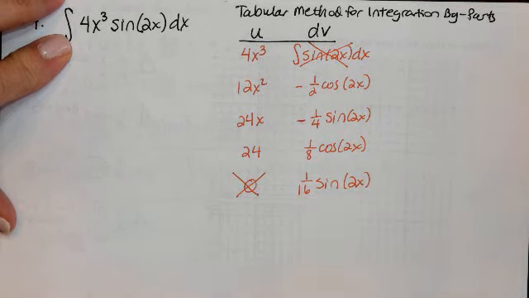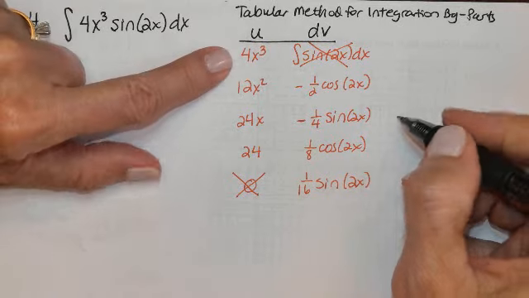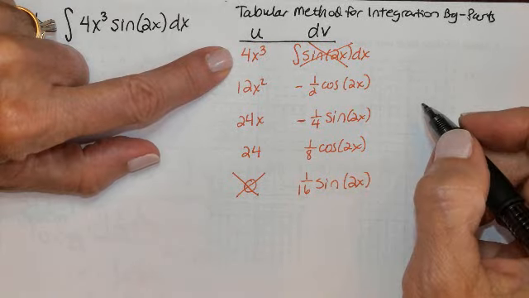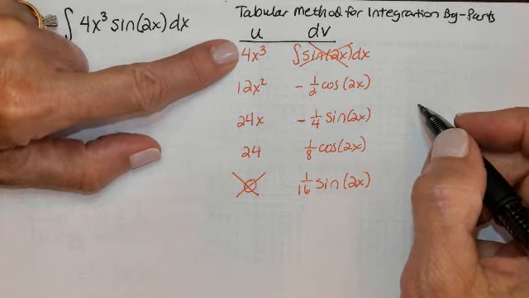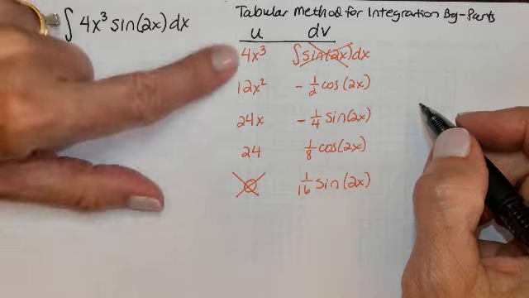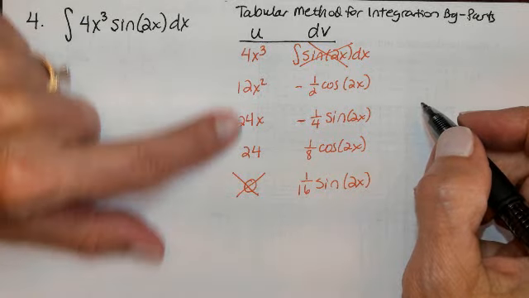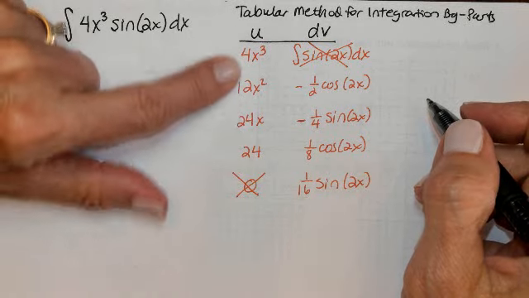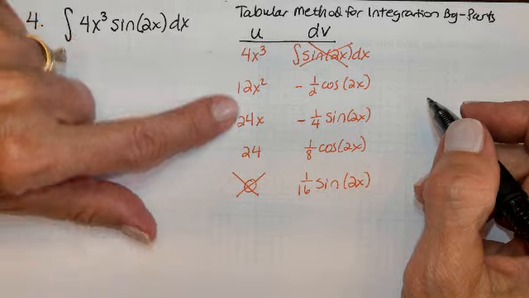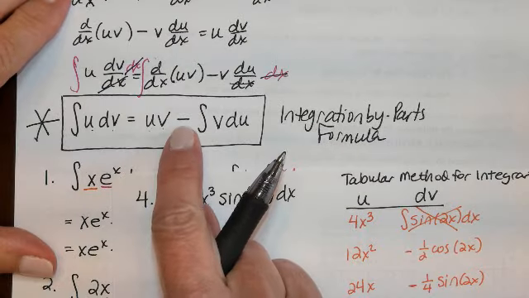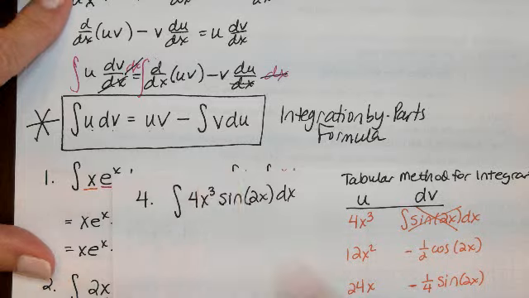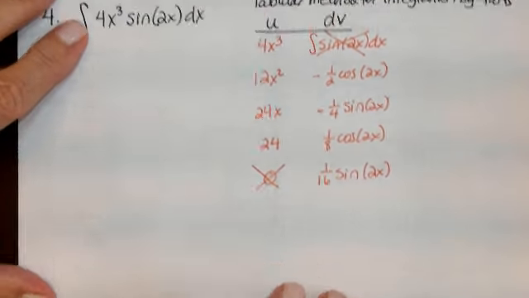Okay? Here's what you do. We're going to multiply things together. We're going to start at the top. But before you start to multiply, there's something you need to remember to do. What we're doing here is accounting for the minus in the formula.